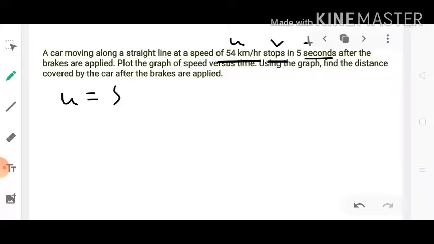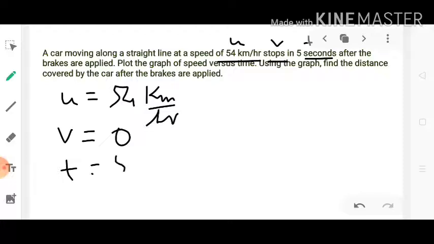5 seconds. So always begin solving a numerical by the correct identification of the given values. Unless you are able to do this, you are not able to find a proper solution to the question asked. So identification is extremely important.